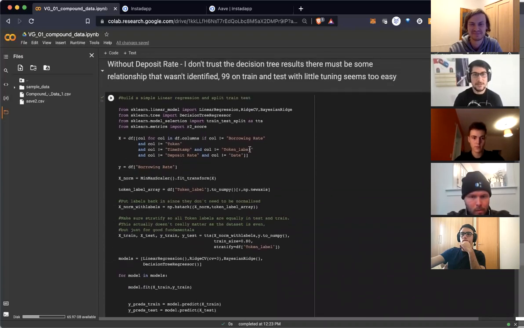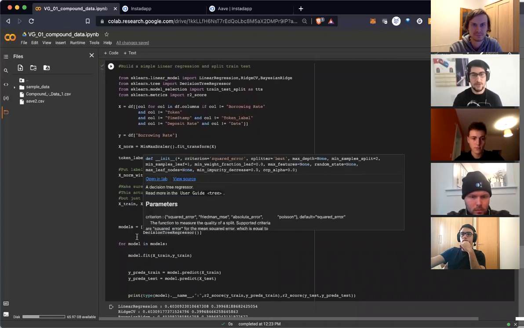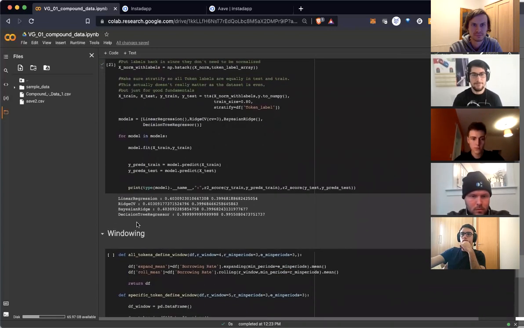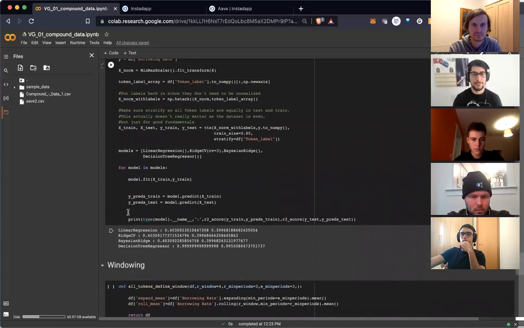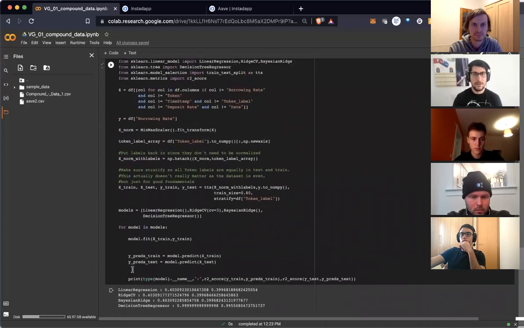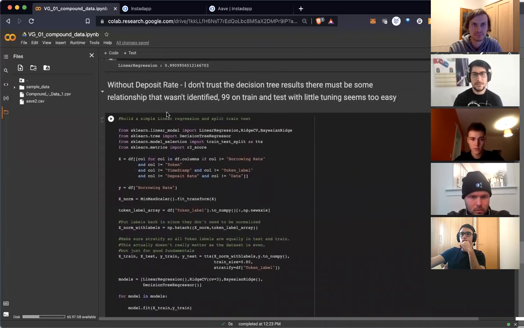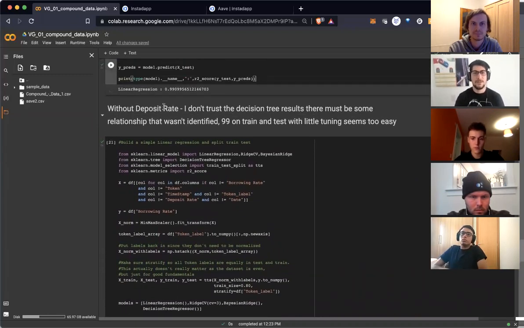So then I went in and did the same code, but tried different models. What's the main difference? Oh, I just tried to do it without the deposit rate, the feature that's 99% correlated with borrowing rate.